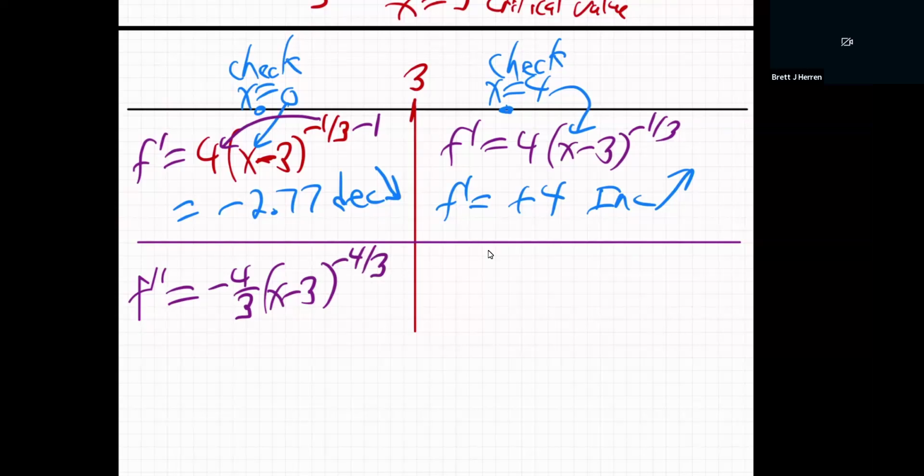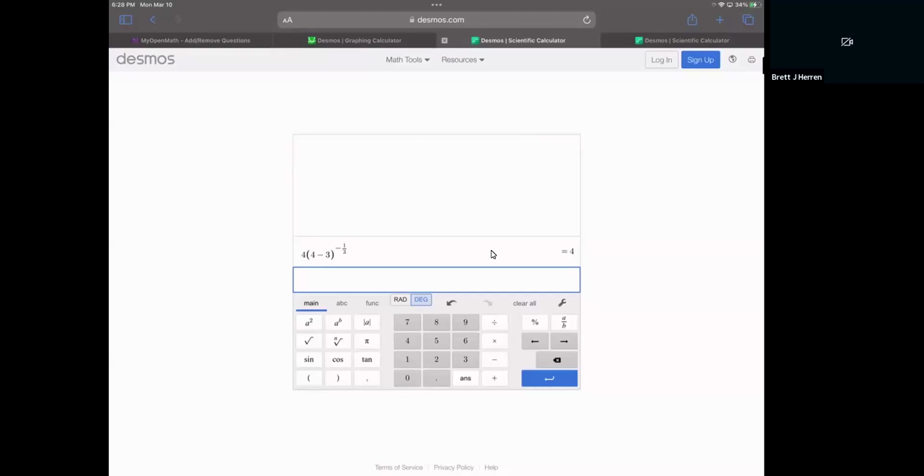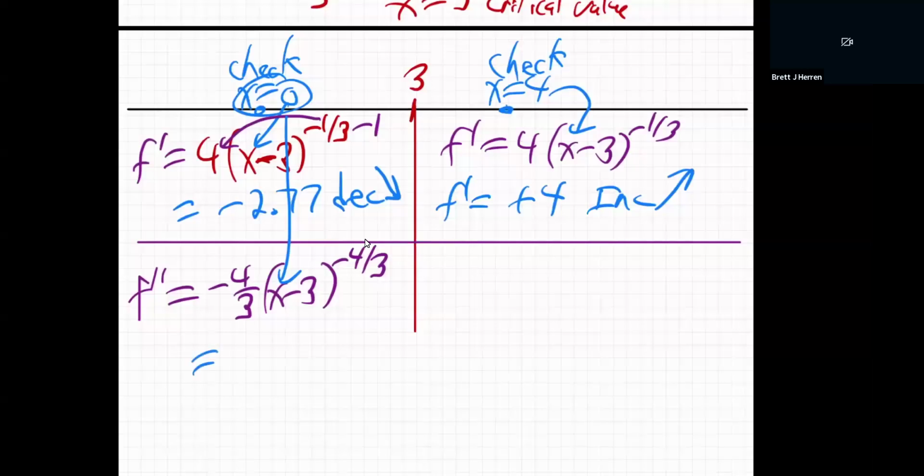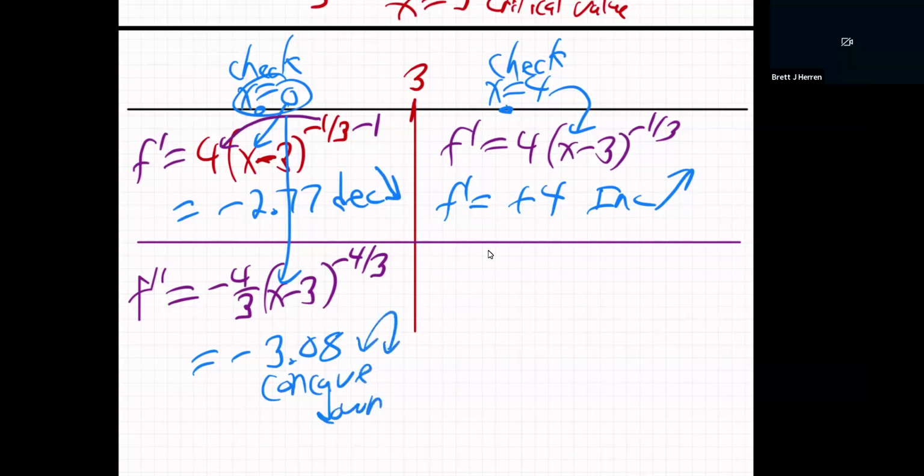All right, so now I'm going to plug in x equals 0 to that. Minus 4/3 times 0 minus 3 to the power minus 4/3. There we go. What do we get? Negative 3.08. So that's concave down, like a bowl turned down.